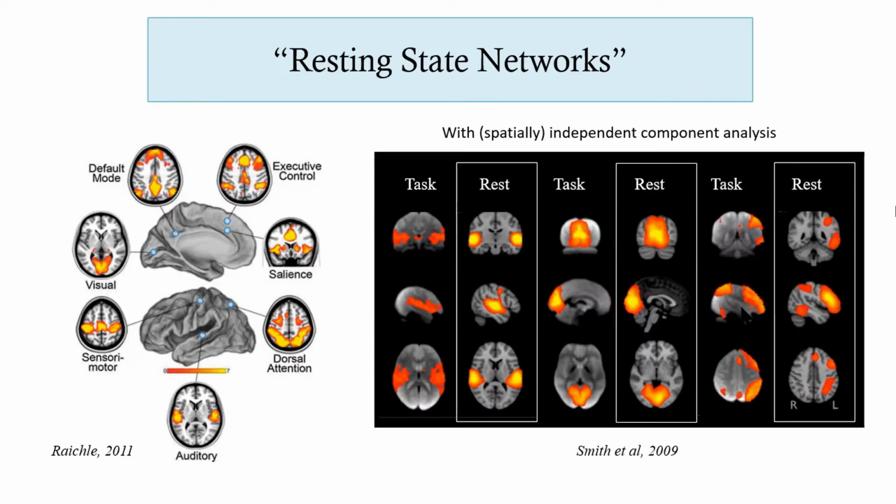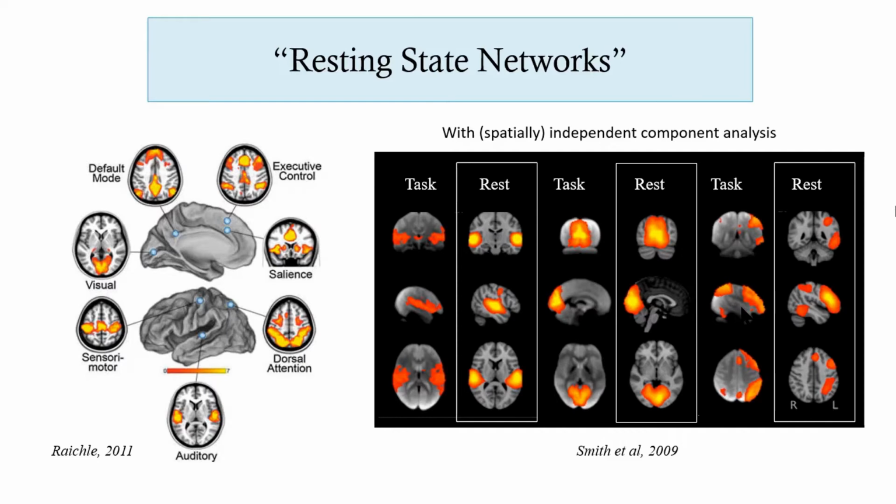But if you look at the patterns, for example, these are the patterns extracted from spatially independent component analysis. They generate patterns that look fairly similar to seed-based correlation. You compare them to the patterns that one would observe during some sort of a task, and then some of these functional terms emerge.